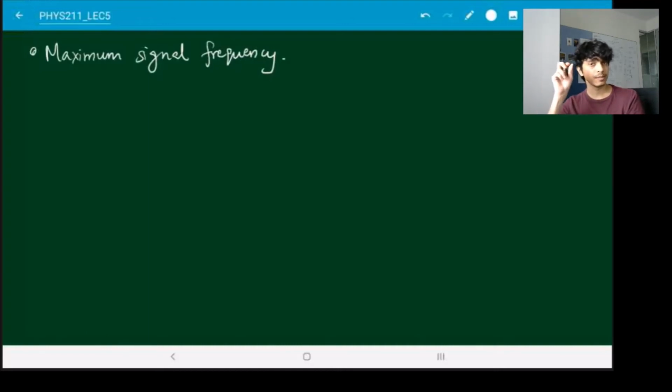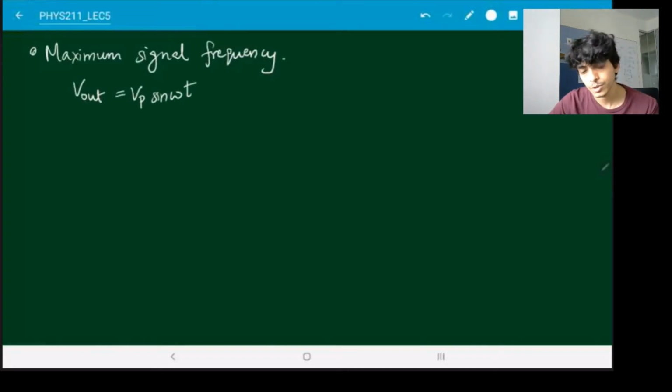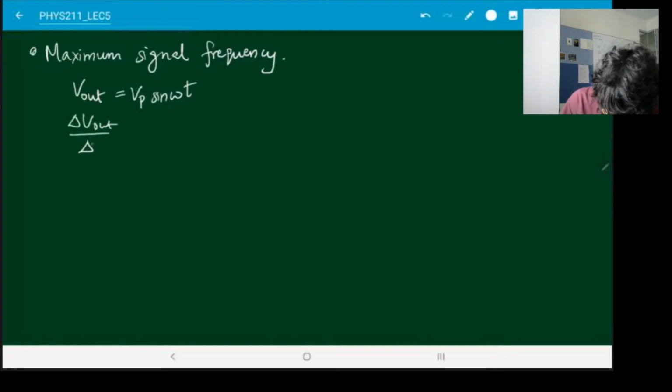So this puts a limitation on what the maximum frequency can be. Suppose the V out is of the form Vp sine omega t, where Vp is your peak voltage. Then you can see that delta V out by delta t, which is your slew rate, is going to be Vp omega cosine omega t.